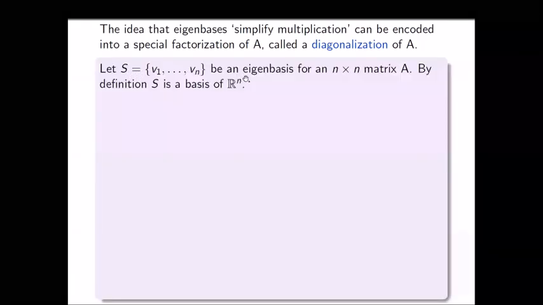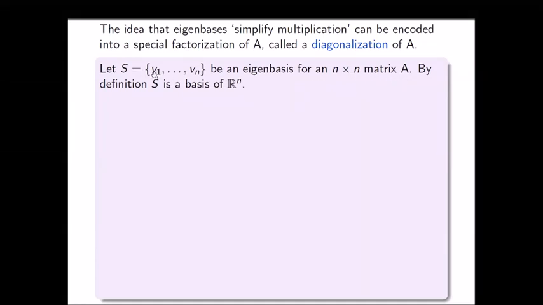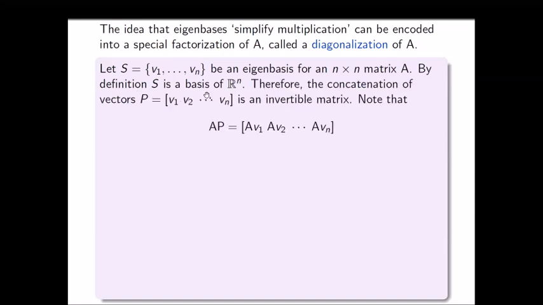So let S be an eigenbasis for an n by n matrix A, consisting of vectors v1 through vn. So v1 through vn are eigenvectors of A, and they form a basis of Rn. Now, because these vectors form a basis of Rn, their concatenation, which we're going to call P, is an invertible matrix.